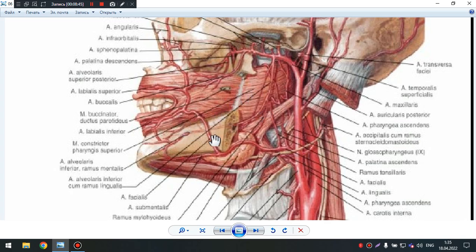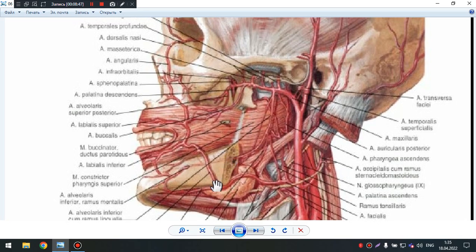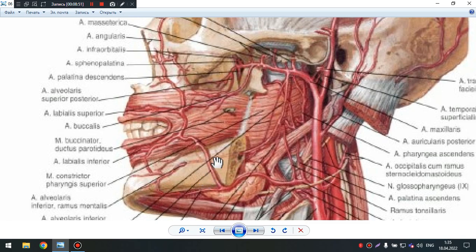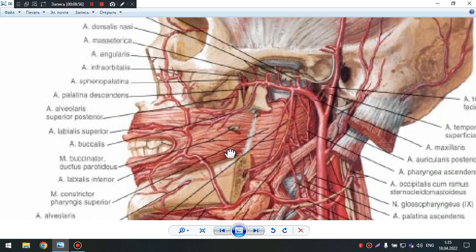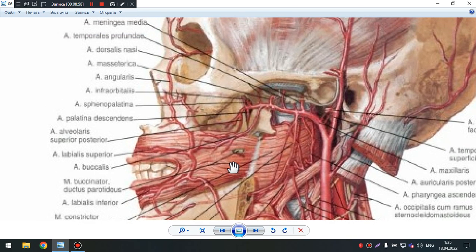And on the face, it lies on the outer surface of the mandibular body, in front of the masseter muscle. On the face, this artery gives 3 branches: inferior labial artery, superior labial artery, and angular artery.